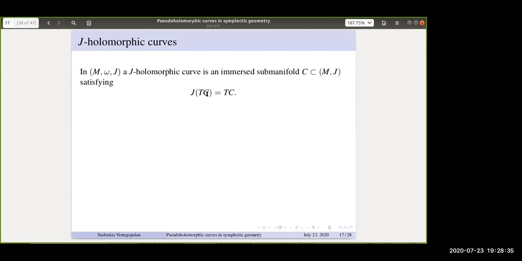So it's possible to define a notion of holomorphicity. I take a little bit of a shortcut and don't define a holomorphic curve as a map, but rather just define it as a submanifold sitting inside our symplectic manifold. So if we start with a symplectic manifold with a compatible almost complex structure, I just define my J-holomorphic curve to be an immersed submanifold for which the tangent space is J-invariant.